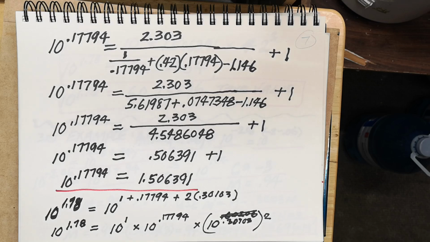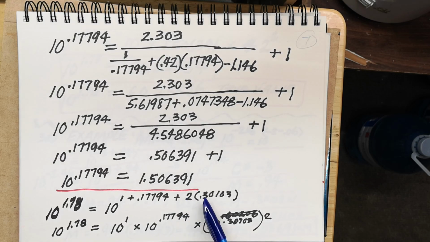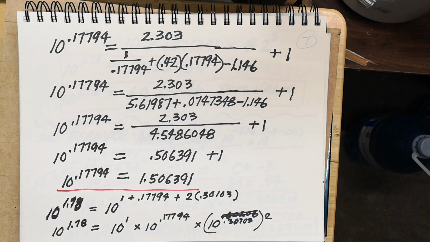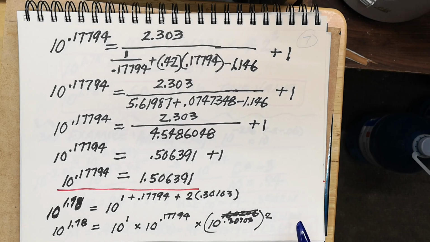So 10 raised to the 0.17794 equals 1.506391. Solving for 10 raised to the 1.78: it is equal to 10 to the 1, for the characteristic, times 10 to the 0.17794, times 10 to the 0.30103 raised to the 2. The value of this last factor is 2.